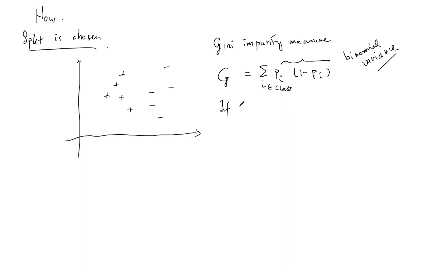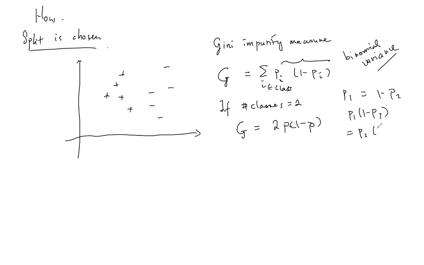If the number of classes is equal to 2, then your Gini impurity is just 2p(1 minus p). If you only have 2 classes, then p1 is equal to 1 minus p2, so p1(1 minus p1) is the same as p2(1 minus p2).